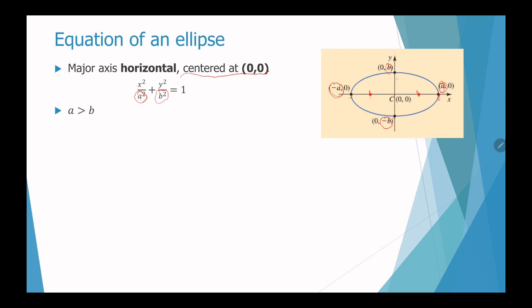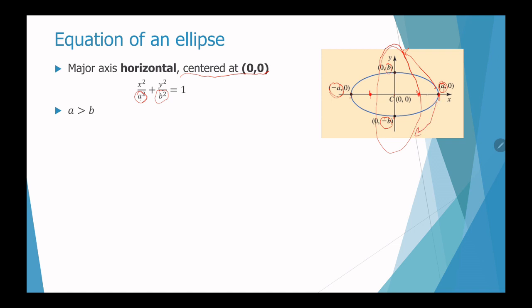Can an ellipse be tipped the other way? Can an ellipse go this way? Absolutely it can. But to do that, we basically shift everything, so we're rotating this one this way or this way.